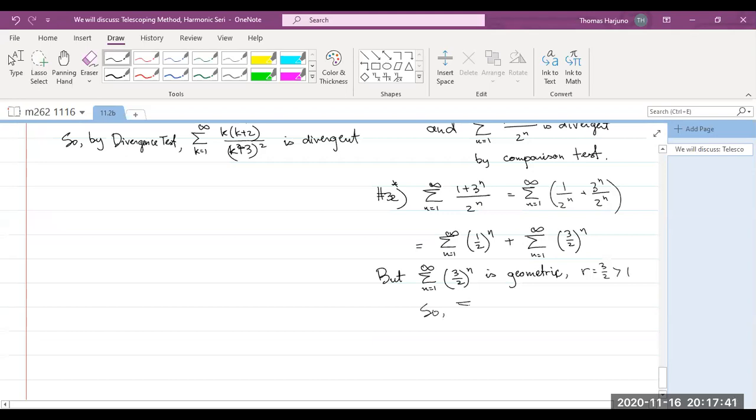So that series is divergent. Now, if this part is divergent, then the whole series, in which you add something positive, will be even more divergent.